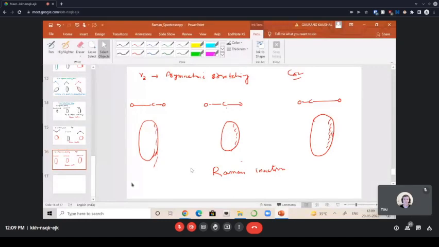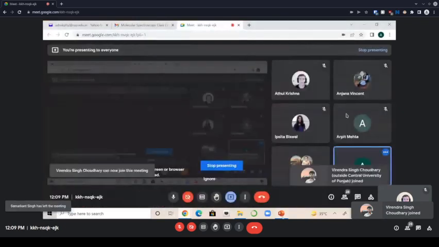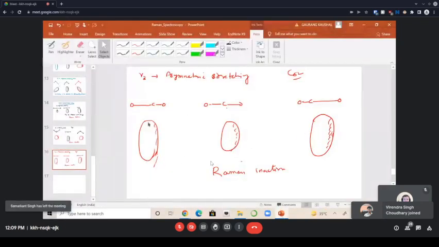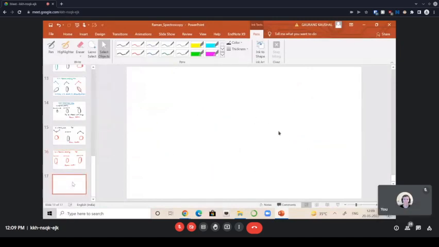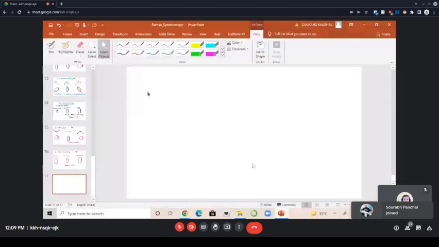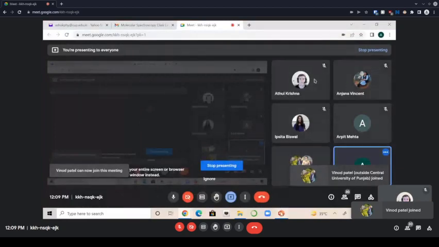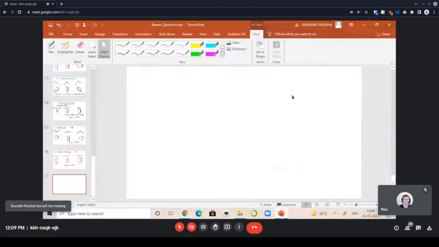So why is the case different for CO2? Out of the three modes, only one is Raman active in CO2. Let us try to understand this different Raman spectrum of CO2 as compared to H2O.